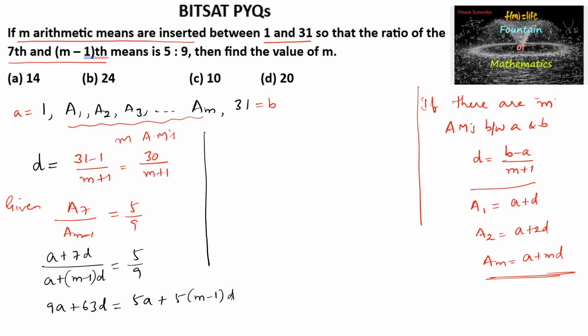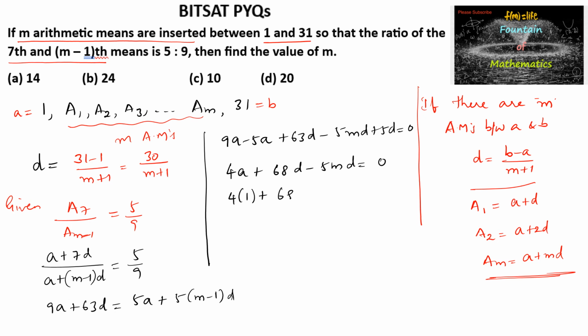On simplifying, 9a minus 5a plus 63d minus 5md plus 5d is equal to 0, or (9 minus 5), that is 4 times a, plus (63 plus 5), that is 68 times d, minus 5md is equal to 0. We know a is equal to 1, so 4 into 1 plus (68 minus 5m) times d, where d is 30 upon m plus 1, is equal to 0.